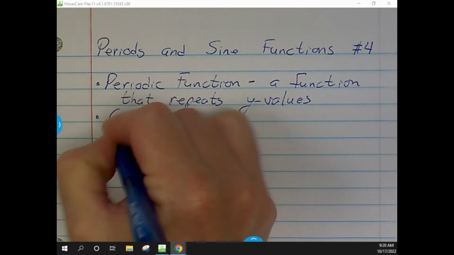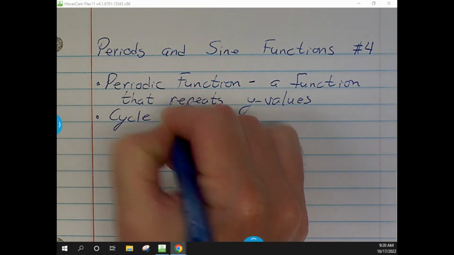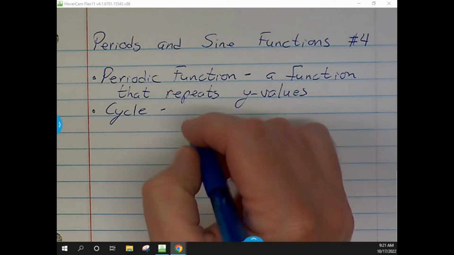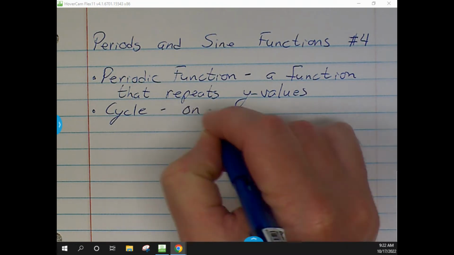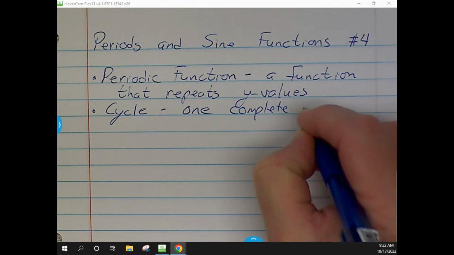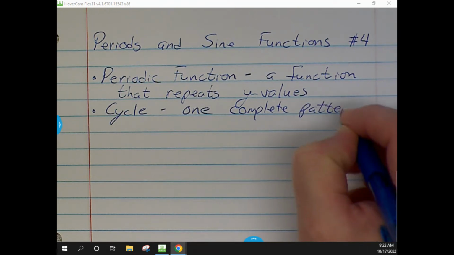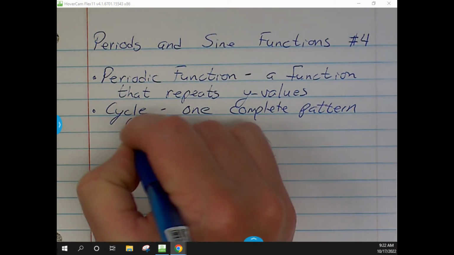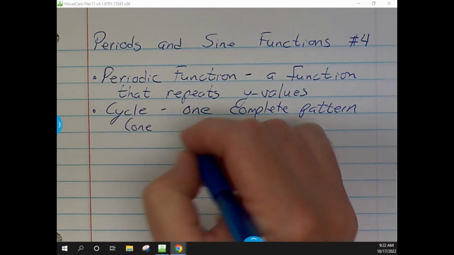All right, we're going to talk about a cycle, not a bicycle or a motorcycle or a tricycle. So cycle, that is one complete pattern, and for what we've been thinking about with all the trig, if we talk about a cycle, basically this is one trip around the unit circle.